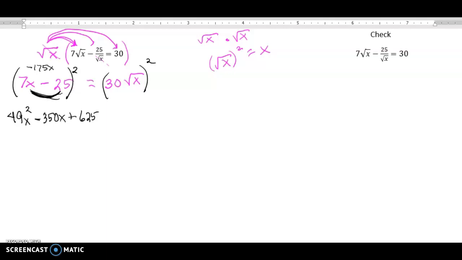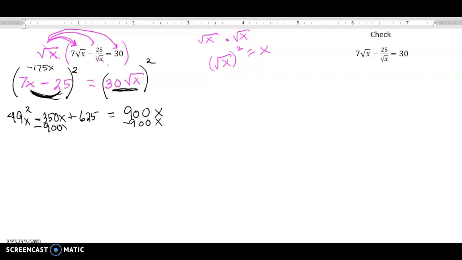Equals. This is not a binomial, this is a monomial. So you're really just taking it times itself. You're taking 30 times 30, which is 900, and the square root of x times square root of x, which is just x. So in order to solve this, I'll need to shift my 900x to the left.